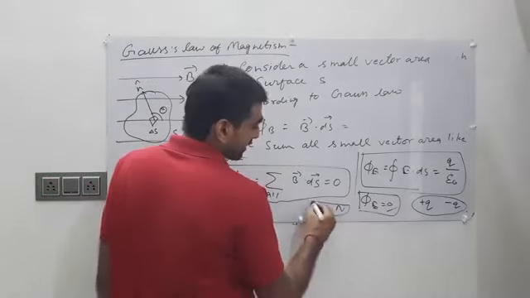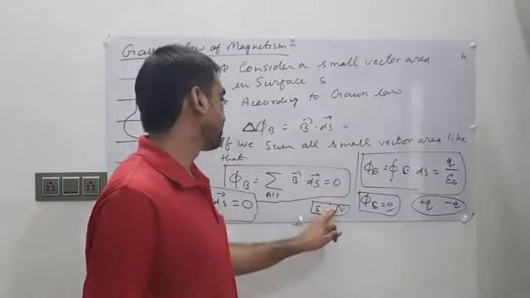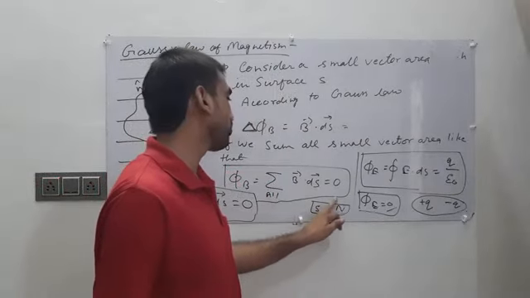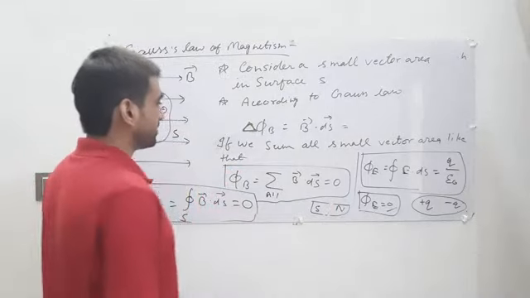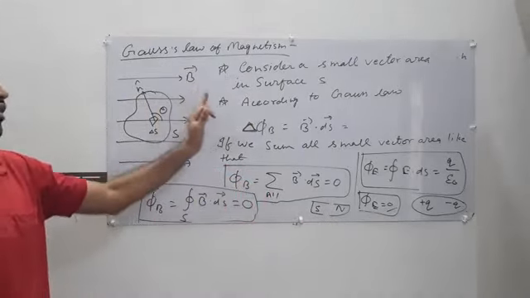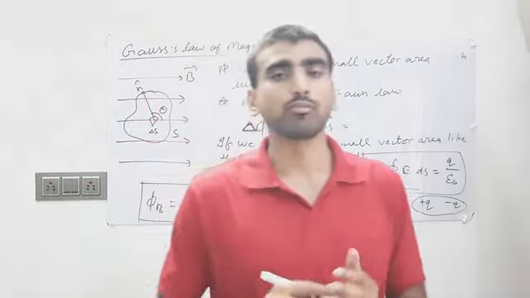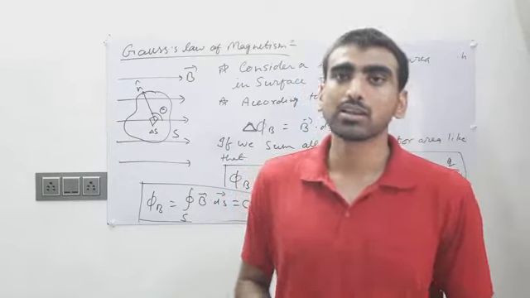So there is no way to divide a magnet into a monopole. This is the biggest thing which comes from Gauss law of magnetism: there is no concept of monopole in magnetism. There is always a dipole.